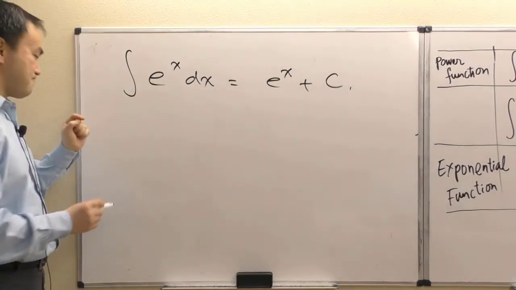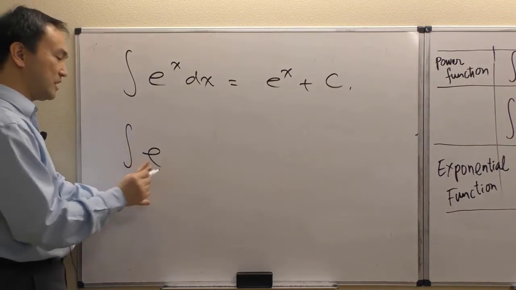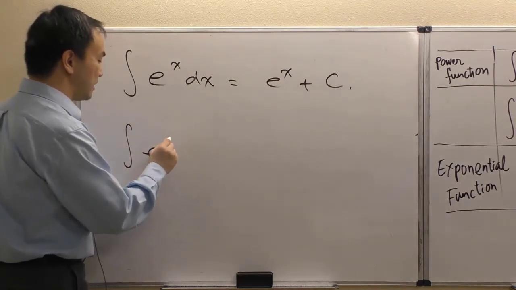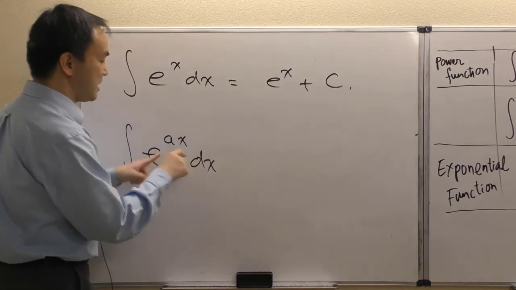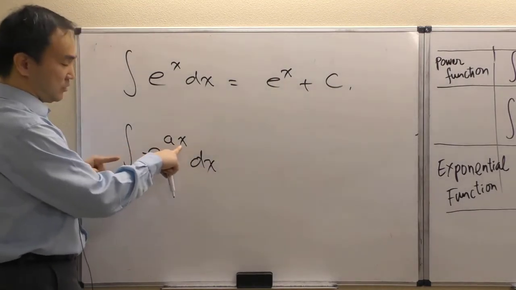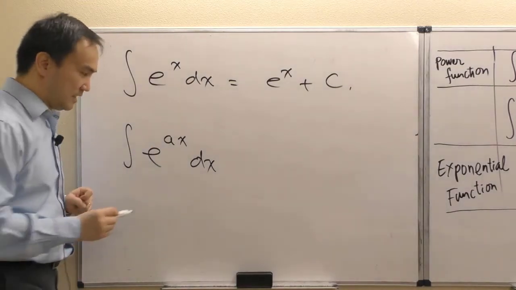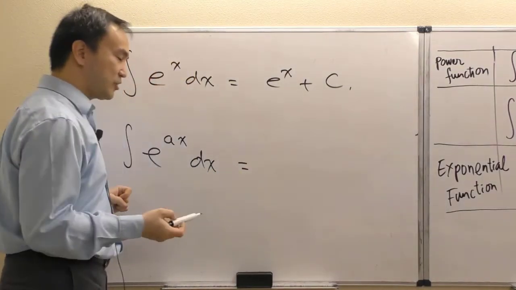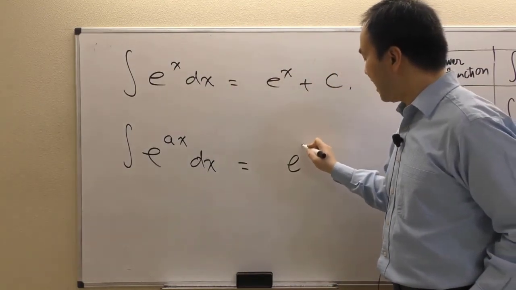But now, this is a little bit different. Anytime we're taking the antiderivative of e to the ax, where a here is just a coefficient together with the x in our exponential part, the answer is actually like this. It's repeating e to the ax.